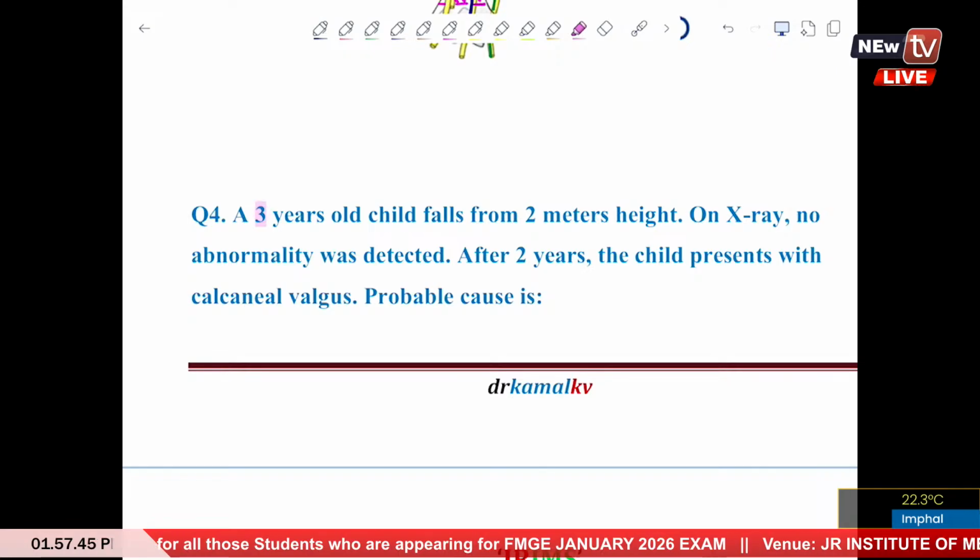A 3-year-old child has a history of fall from height, and you X-ray, there was no bone injury, you let the patient go, and after 2 years when the child came back to you, he was having deformity. So what is the probable cause for this? Any idea?